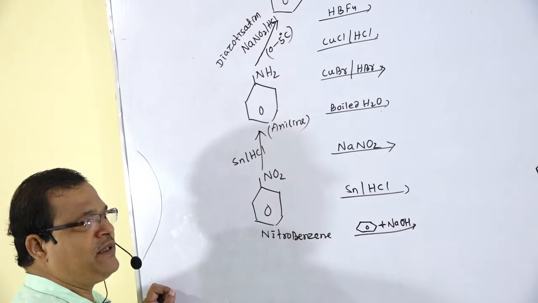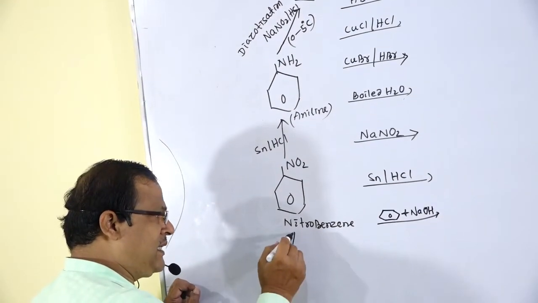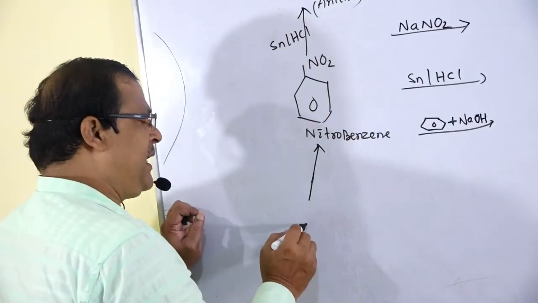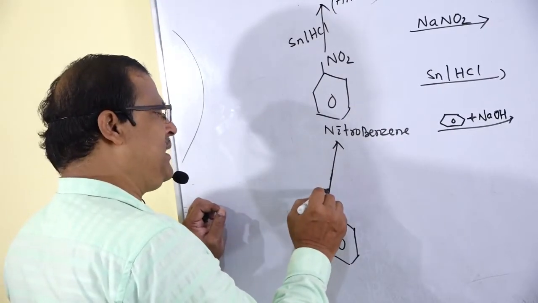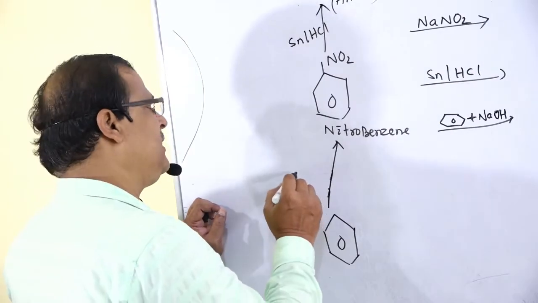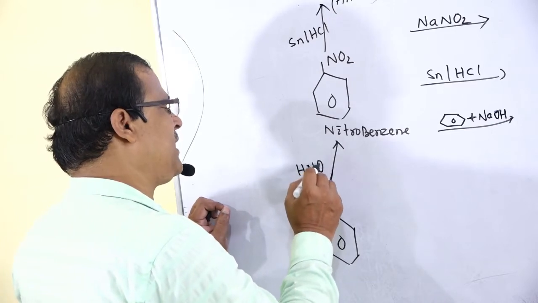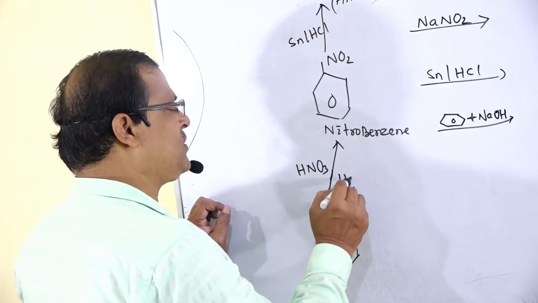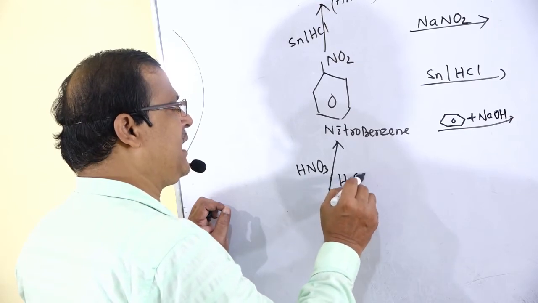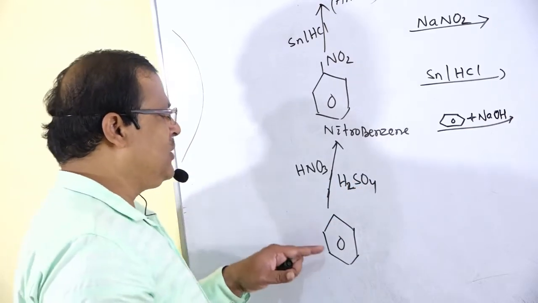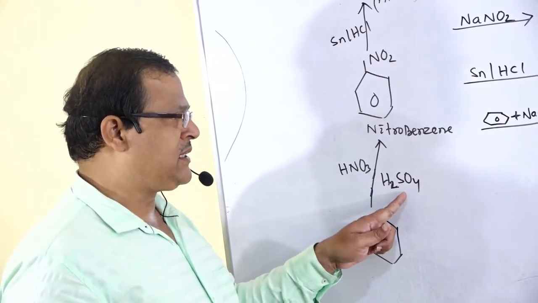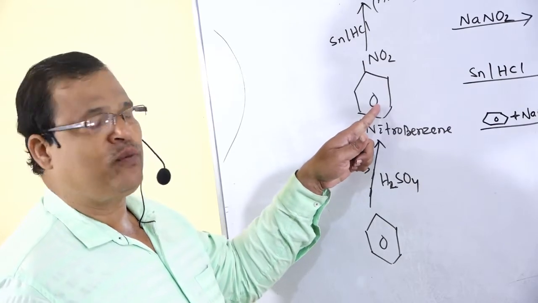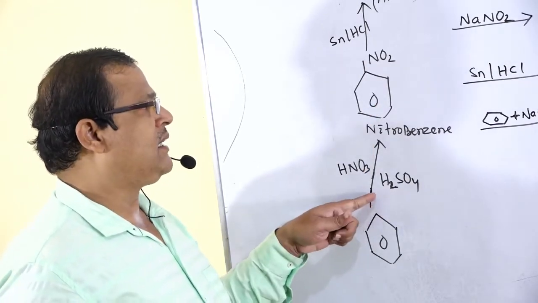So how is this nitrobenzene obtained? Nitrobenzene is obtained by the reaction of benzene, which is treated with concentrated nitric acid, HNO3, and concentrated sulfuric acid. Whenever benzene is treated with concentrated nitric acid and concentrated sulfuric acid, there is the formation of nitrobenzene, and this process is known as nitration.